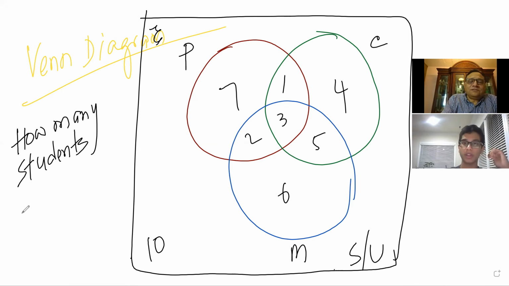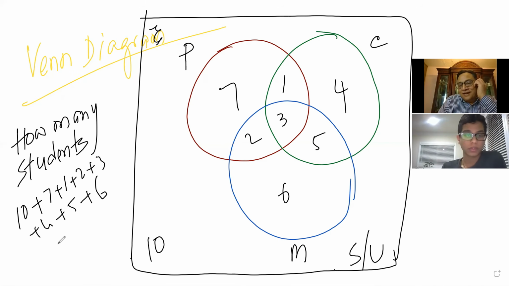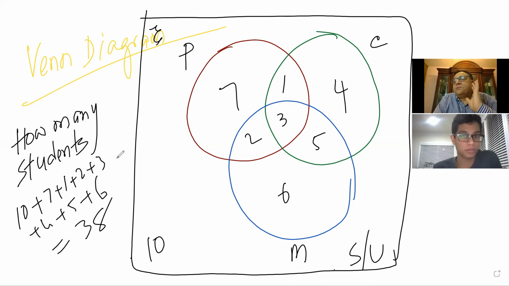So 10 plus 7 plus 1 plus 2 plus 3, plus 4 plus 5 plus 6. Did I add them all? What do you get? 38 when you add all of them. So total number of students is 38.